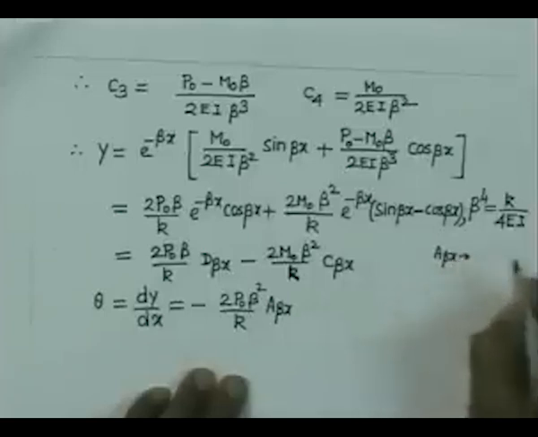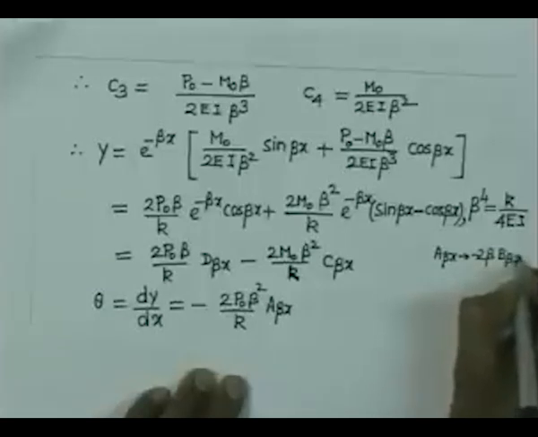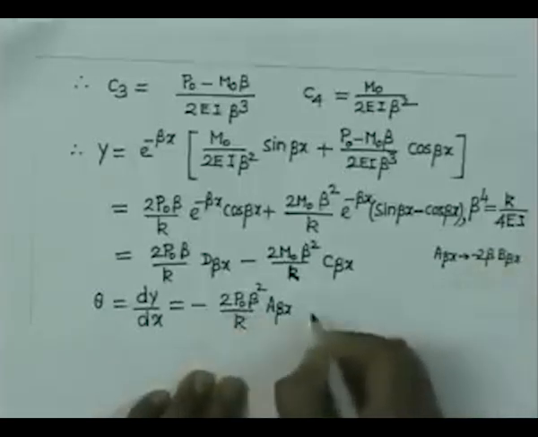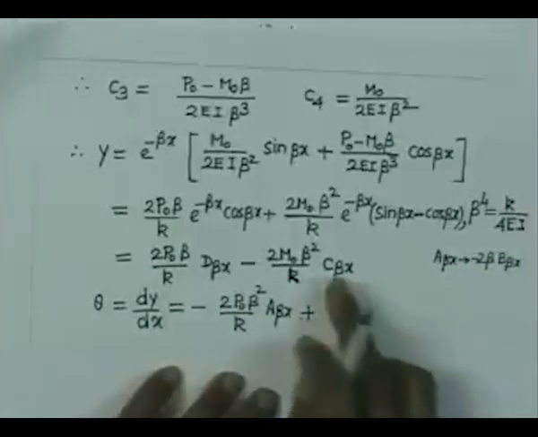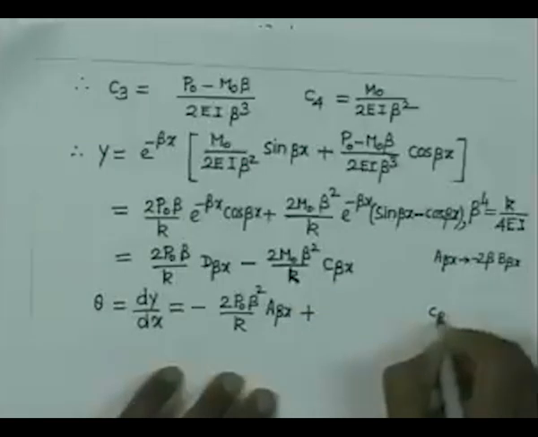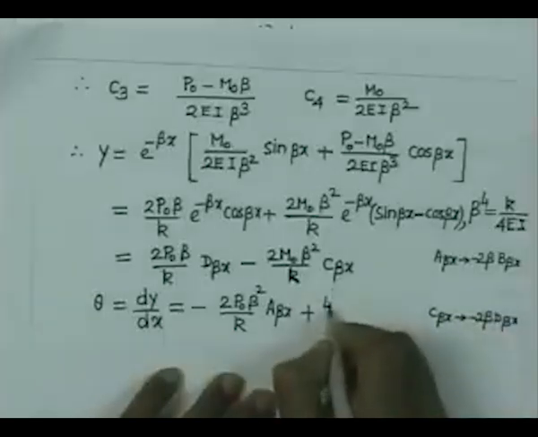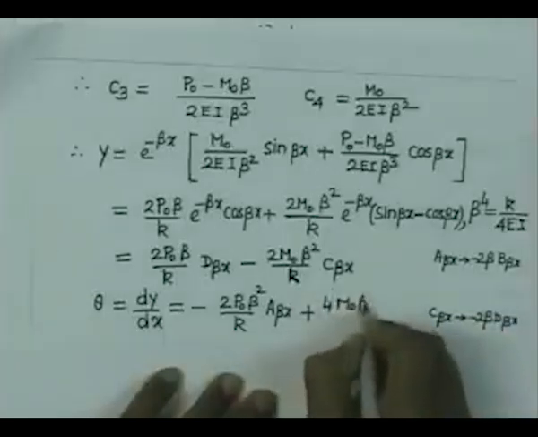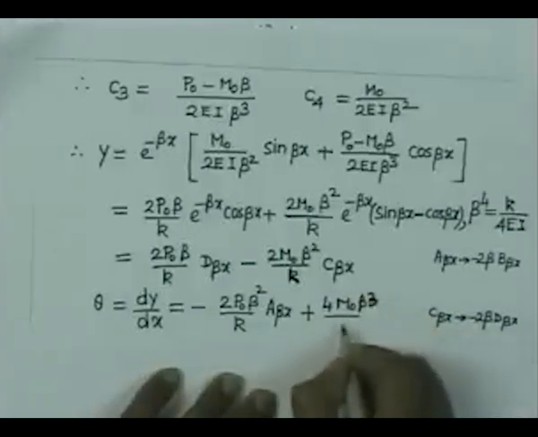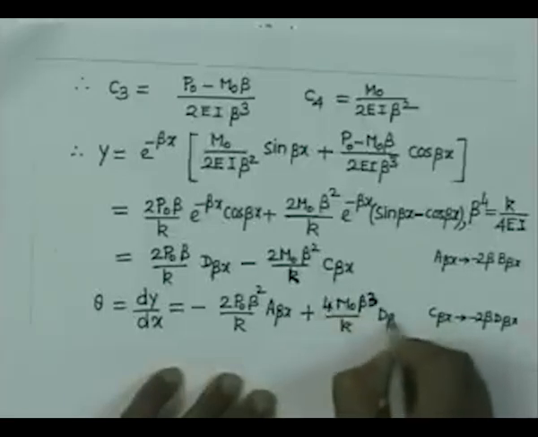Once you differentiate it, it gives you twice beta into B beta x. That is what I have adopted here, and differentiation of C beta x will give us minus twice beta D beta x, and therefore, this finally gives us twice M0 beta cube by k into D beta x.